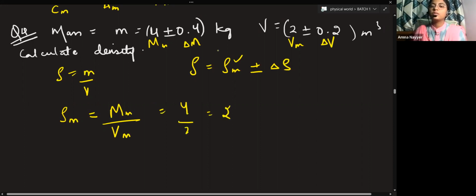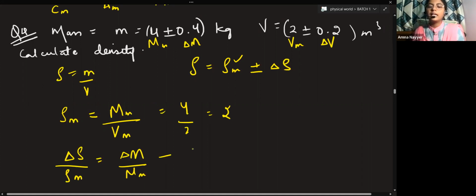You have this with you now. This is 2. Now delta rho divided by rho m is equal to delta m divided by mm, plus delta V divided by Vm. So rho m is what? Okay, delta rho we have to calculate.